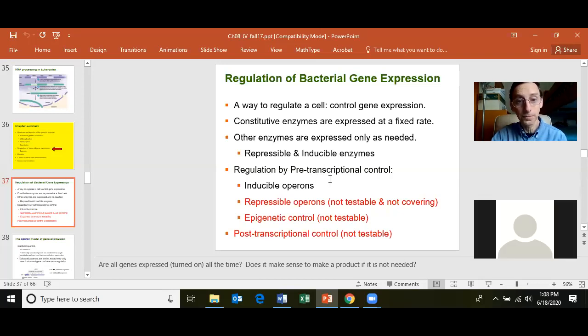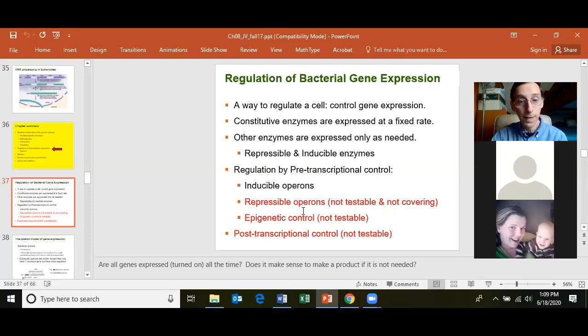There are inducible operons, where the genes are normally turned off but are turned on when the cell wants them. And then there are repressible operons, which we're not going to cover, and you're not going to be tested on it. In a repressible operon, the gene is normally turned on, and it is turned off when the cell doesn't want it.